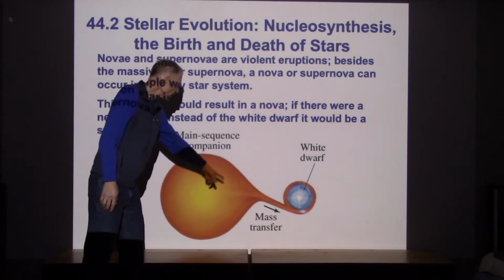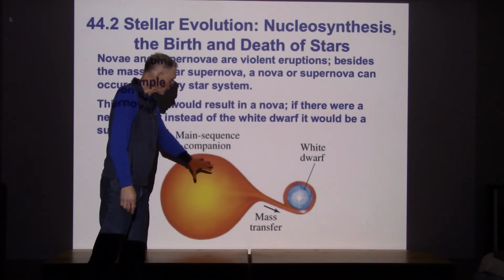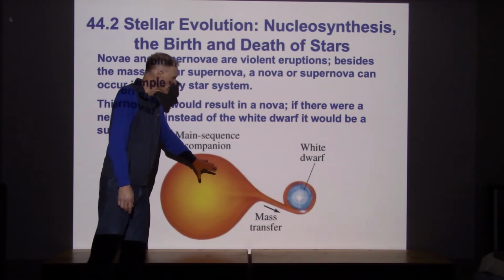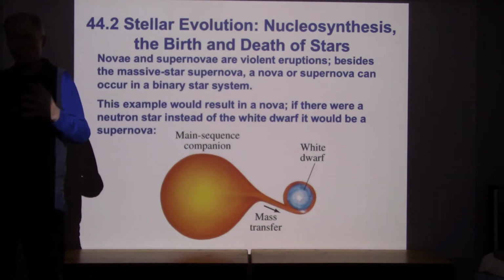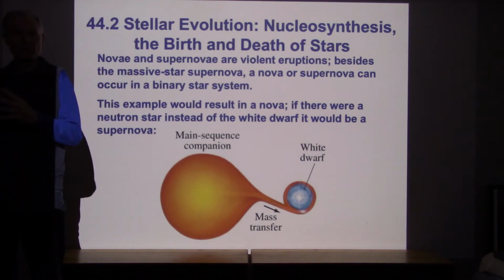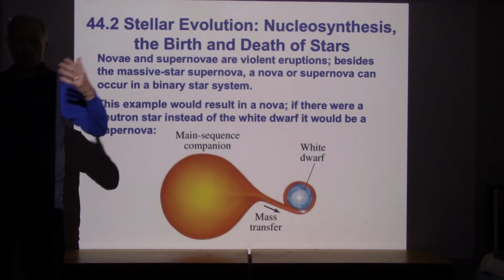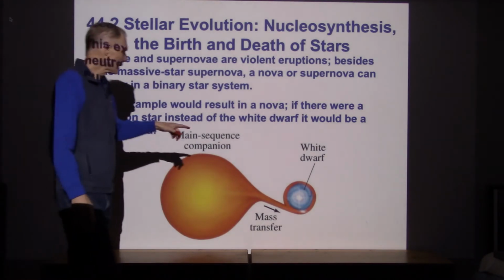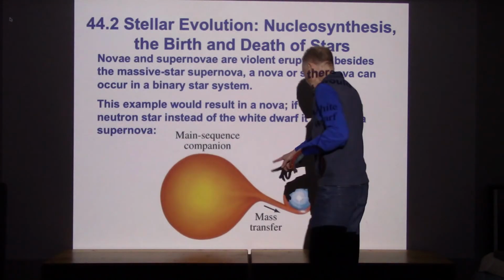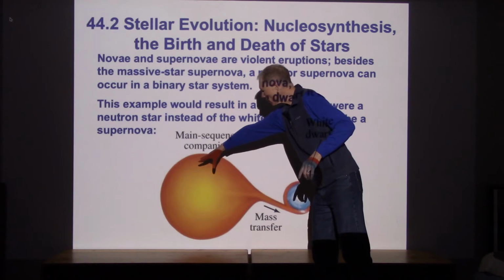And then here is another companion star. Now it's going through its red giant stage. But what happens is, as this star goes to the red giant stage, material from this star gets drawn over to its companion star. So little by little, there's a mass transfer that takes place.